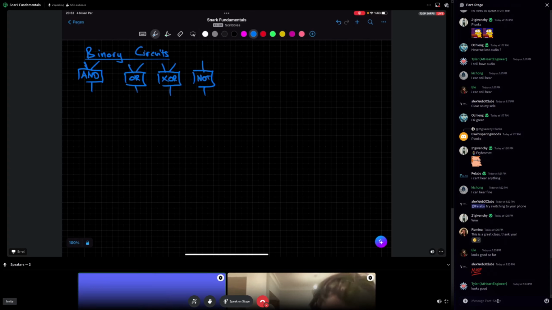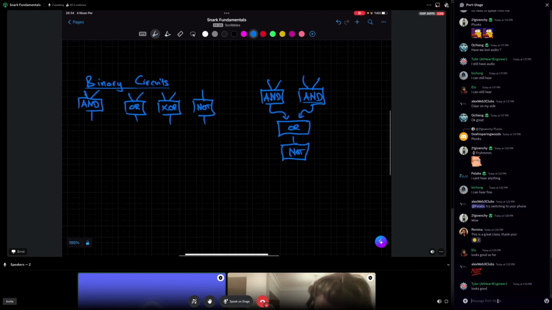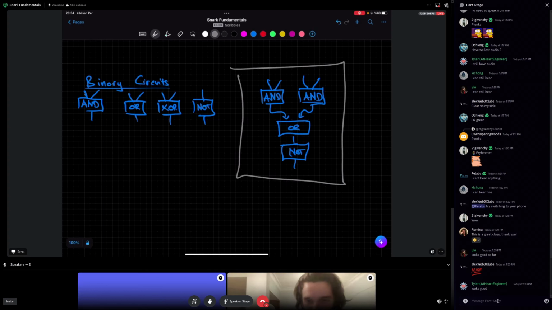So a binary circuit is just whenever we put a bunch of these together. We have inputs, and we can draw those outputs going together into, let's say, an OR gate, and then let's just NOT it for whatever reason. Okay, so this is a circuit. We just put a bunch of gates together.